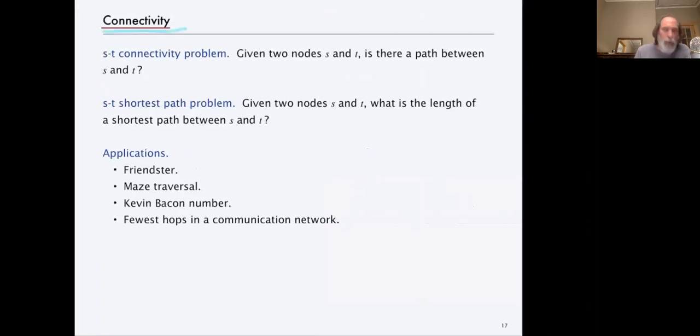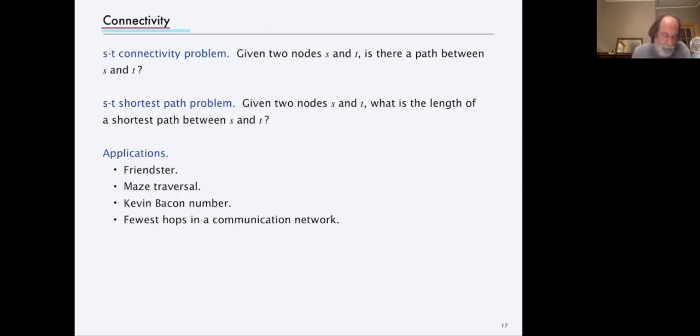Okay. We're interested in many kinds of problems related to connectivity. Obviously, for example, I can't travel by air from one place to another if there's no flight, and that's a connectivity question, right? Or the link to the internet is broken.